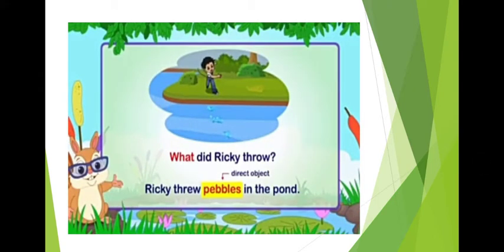Ricky threw pebbles in the pond. So here, the receiver of the action is pebbles, and we know that action means the verb here. Threw is the verb, right? So who is receiving the action directly? The pebbles. So here, pebbles is the direct object.